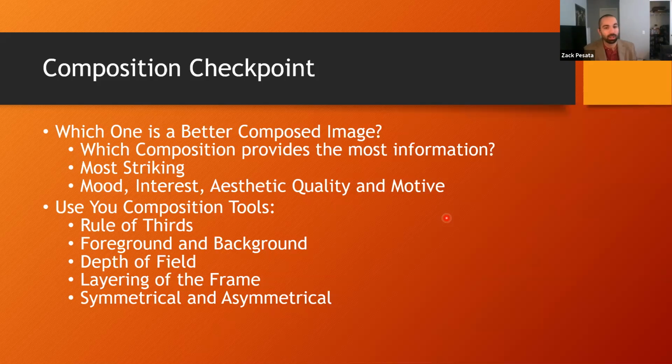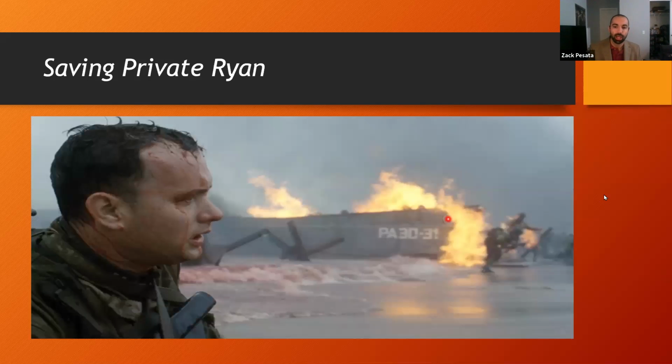You could also think about lighting and the setup. But just think about how much information you're seeing in these two shots and which one you think is more effective. And again, I'm just going to have you do it on your own. But here's shot one.